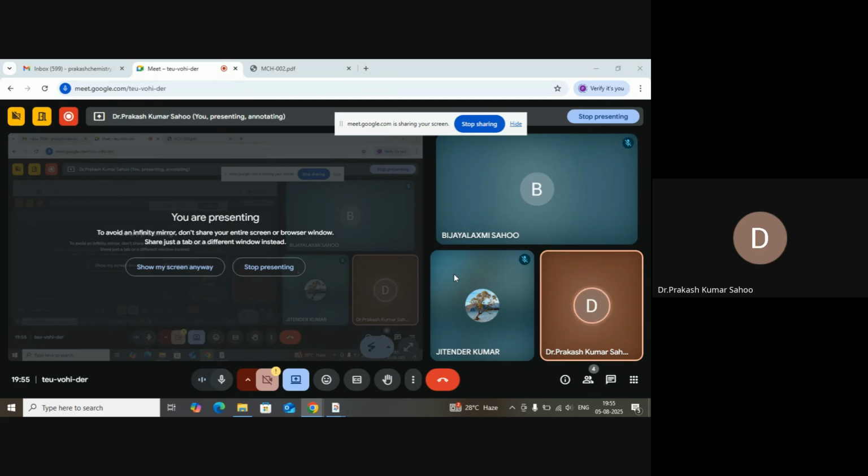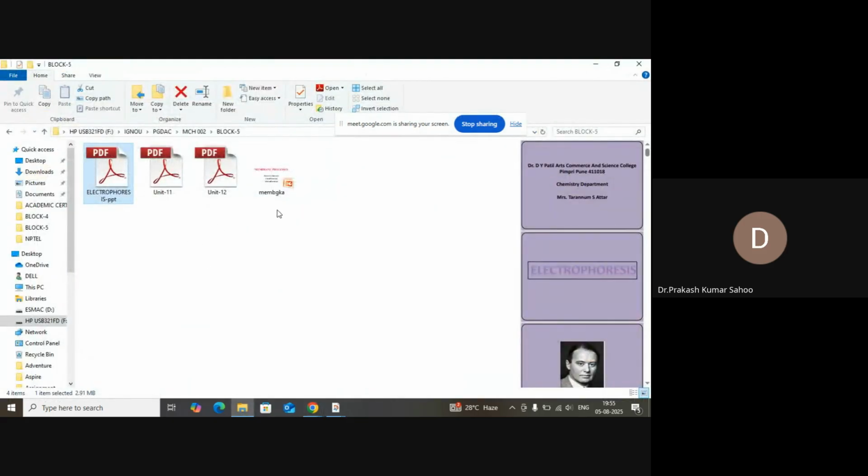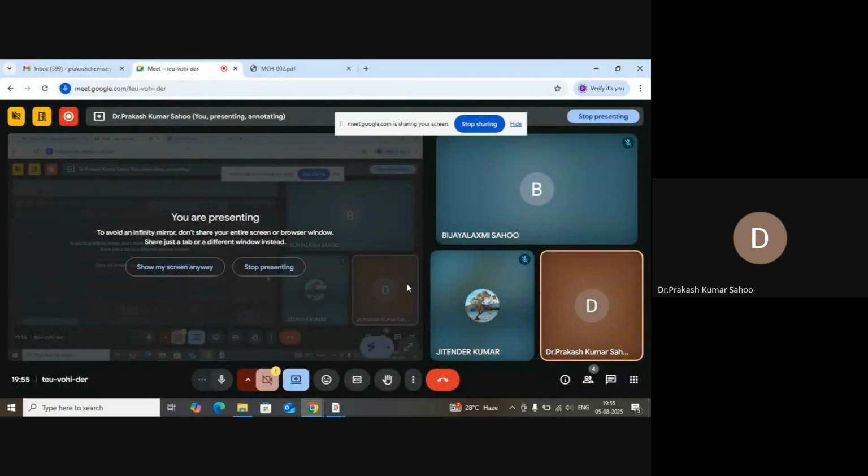And today we had the first part, that is membrane separation also. So just go through this material very carefully. I already shared the two PPTs, and today I will share the next PPTs in your WhatsApp group, and hopefully this will help you in future.